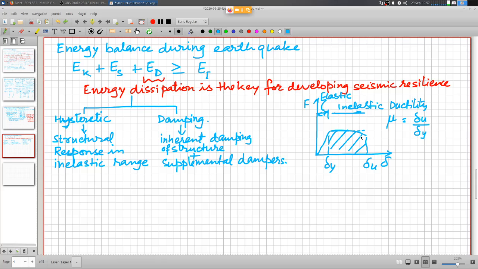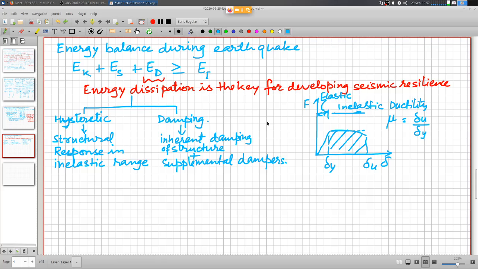That ductility is a desired property is all very well, and probably the first thing we need to understand is that I cannot have ductility unless the material is ductile. If the material itself is not ductile, then there is no question of developing any ductility in the structure. So the material has to be capable of having a load deformation curve which can give us ductility.